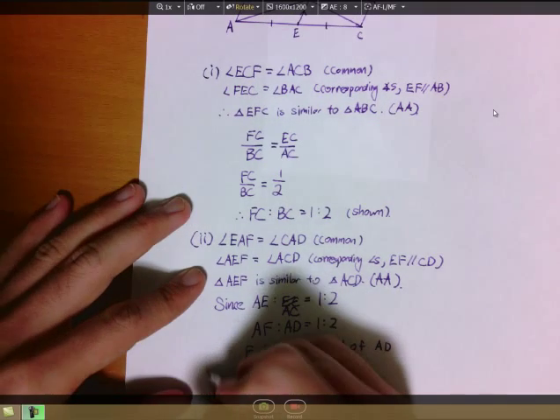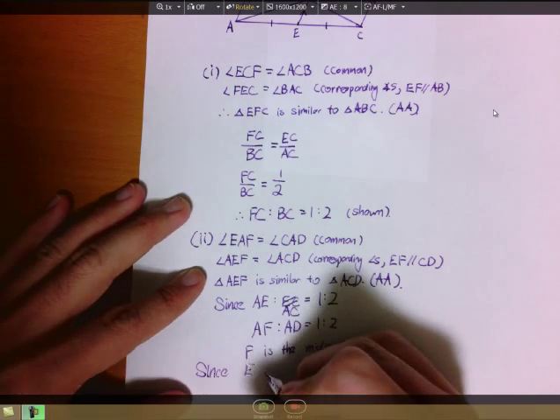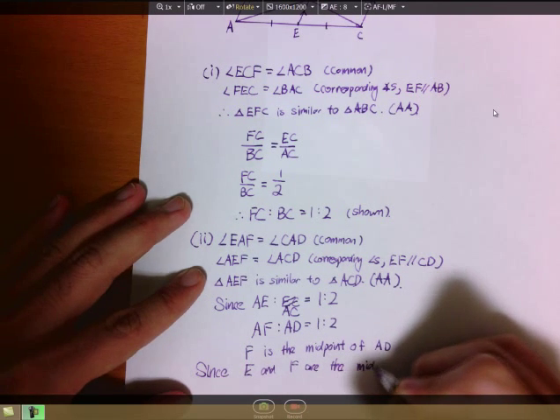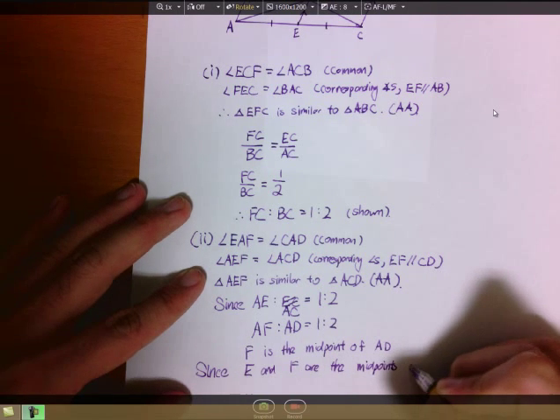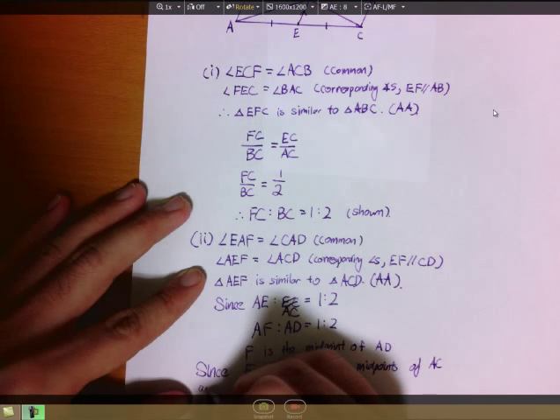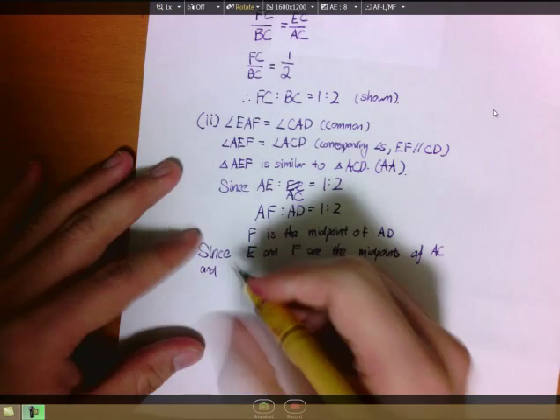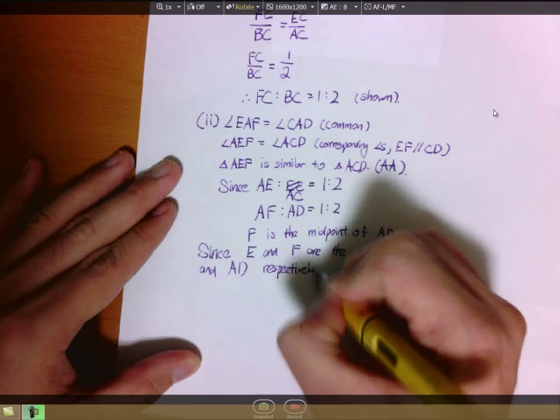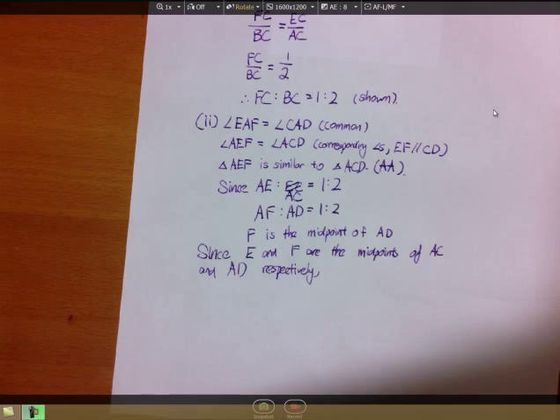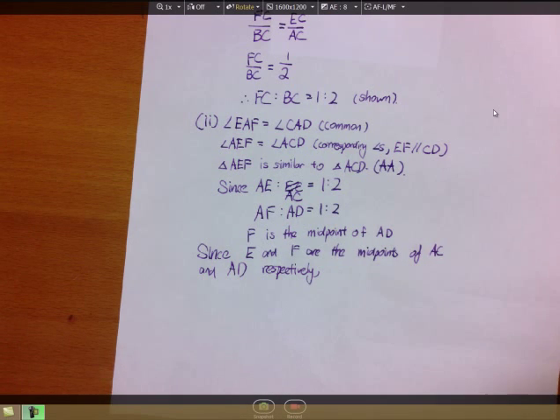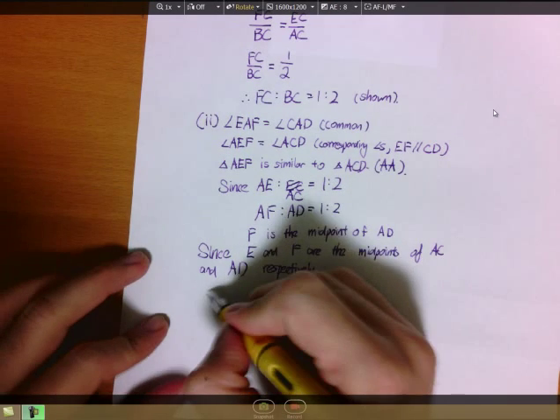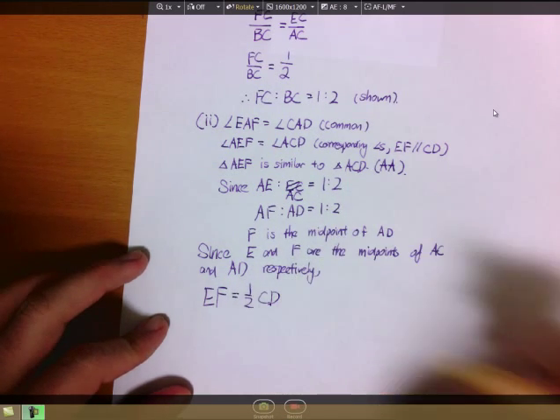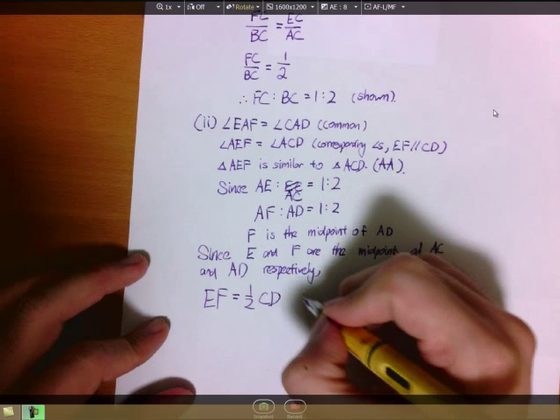So I can write this, since E and F are the midpoints of AC and AD respectively, I will therefore know that EF is equal to half of CD. What I'm employing here is the midpoint theorem.